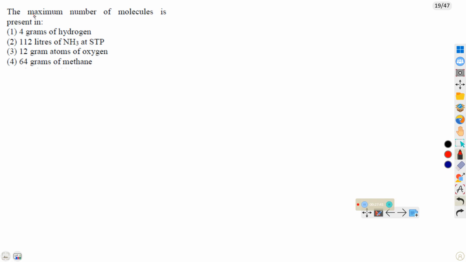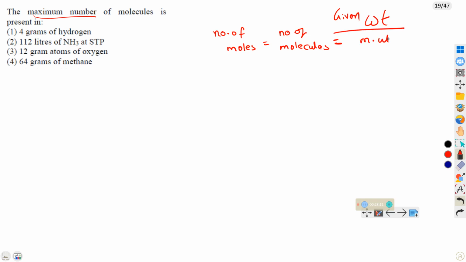The maximum number of molecules present in... maximum number of molecules. How to calculate molecules? Number of moles is equal to number of molecules, is equal to given weight by molecular weight, or given volume divided by 22.4 liters.